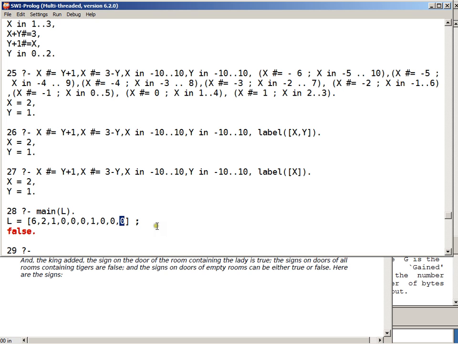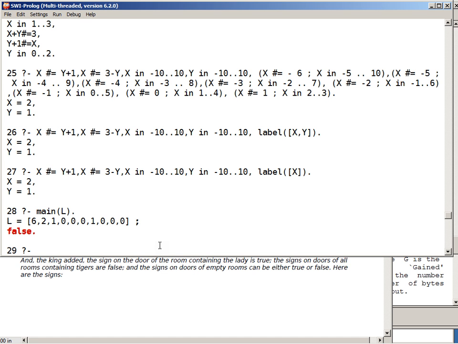So let's see how we solve this. Let's sort out the problem of occurrences. How do we count the occurrences? People have tried to write their own predicate. Always we have to try to use as much of the predefined stuff as possible.